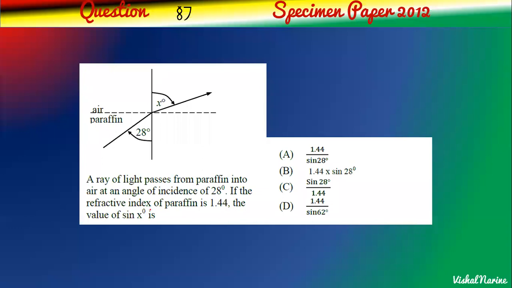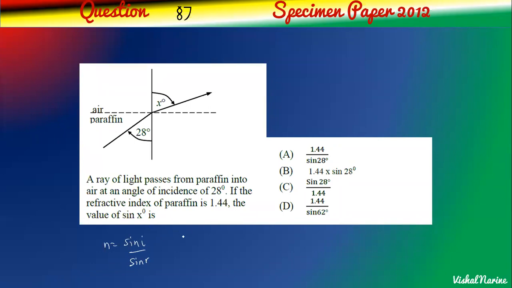So working it out here, we know that n, let me just work it out. n is equal to sine i over sine r. And the question gives you that the refractive index of paraffin is 1.44.